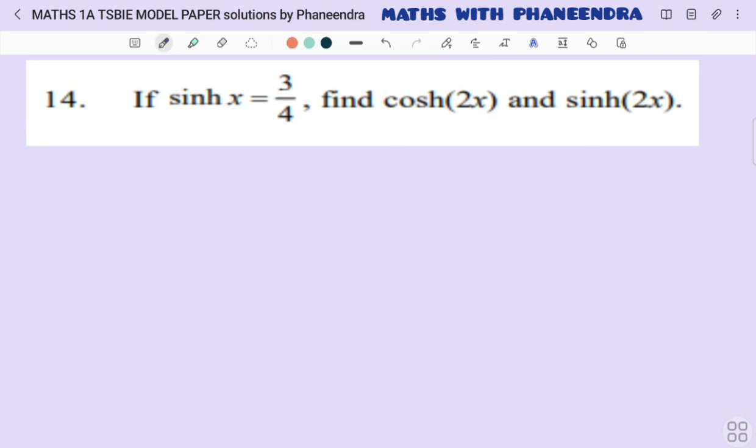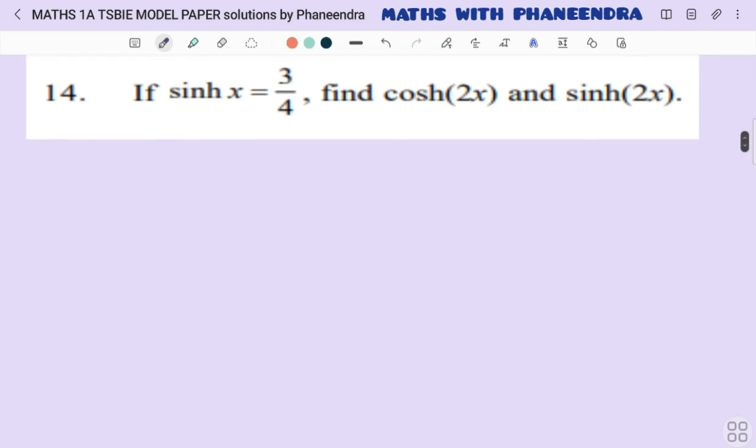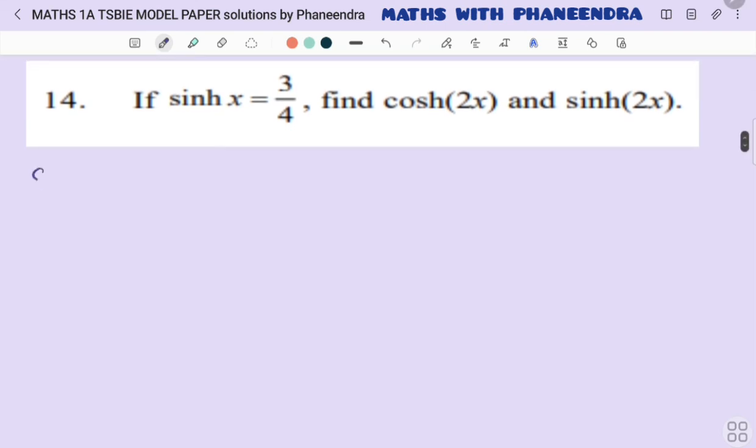So, given the sinh x value, they are asking to find cosh 2x and sinh 2x. We need to learn the formulas, dear students, for this. So, given sinh x is equal to 3 by 4.